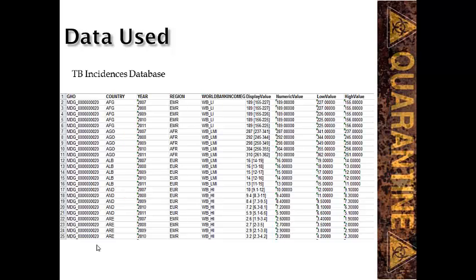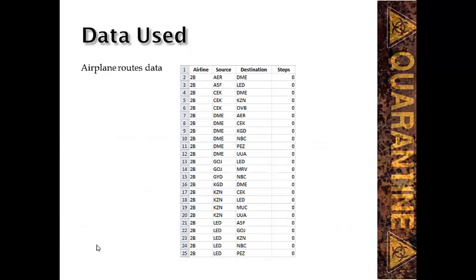It records the TB occurrence data per particular country over the span of 2007 to 2011. The last database I have used is the flight routes database. It consists of source airport and destination airport codes along with the number of stops that particular route has taken.